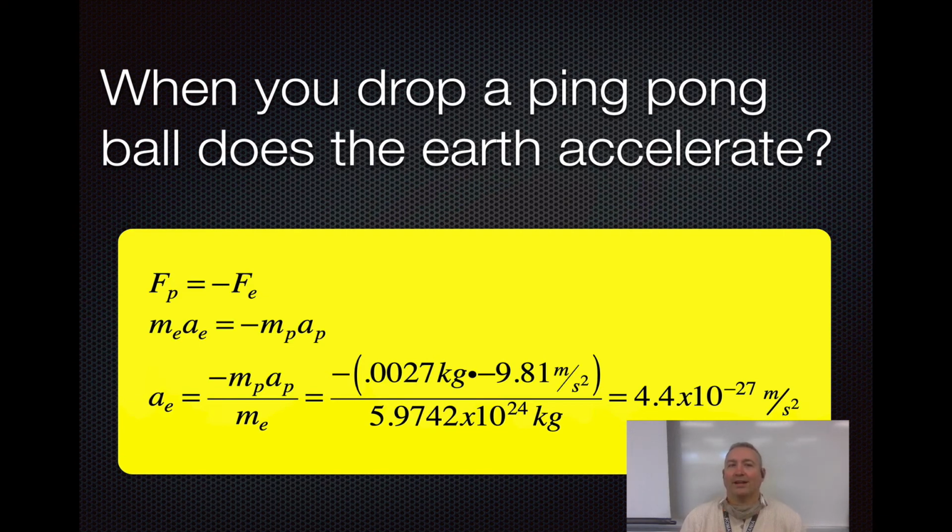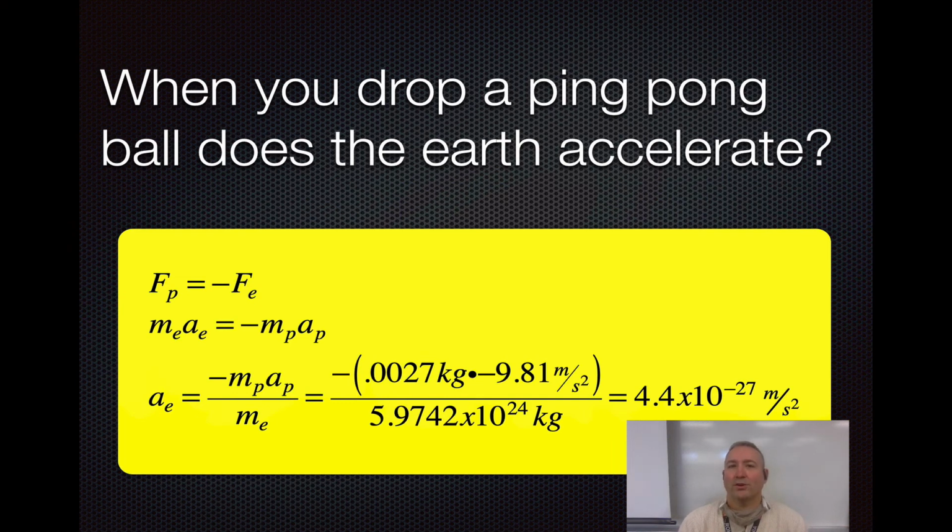So we can find the acceleration of the earth by taking the mass and acceleration of the ping pong ball. In other words, the weight of the ping pong ball, 0.0027 kilograms is the mass of a ping pong ball, times 9.81, and divide that by the mass of the earth.